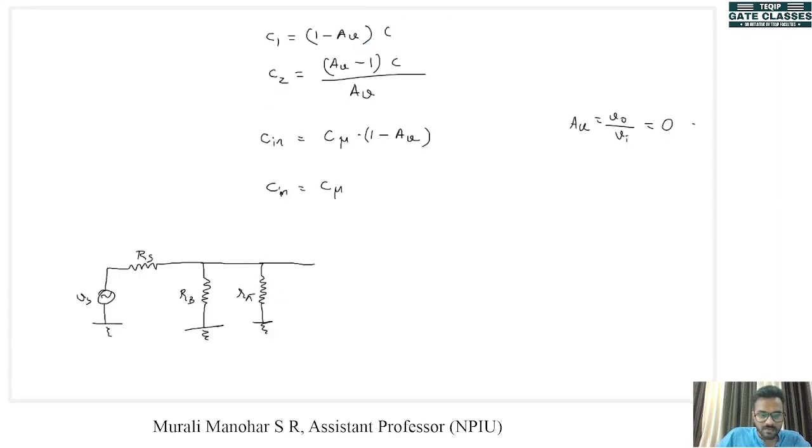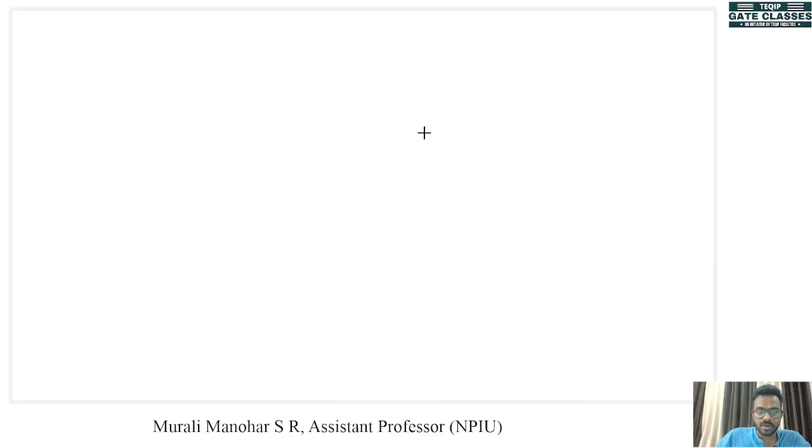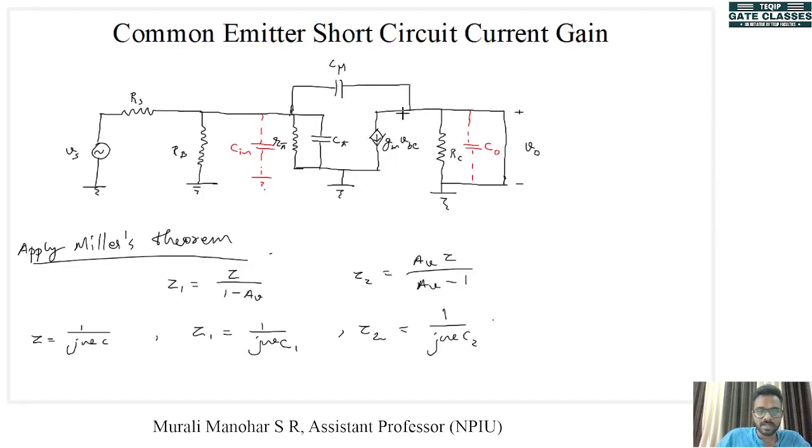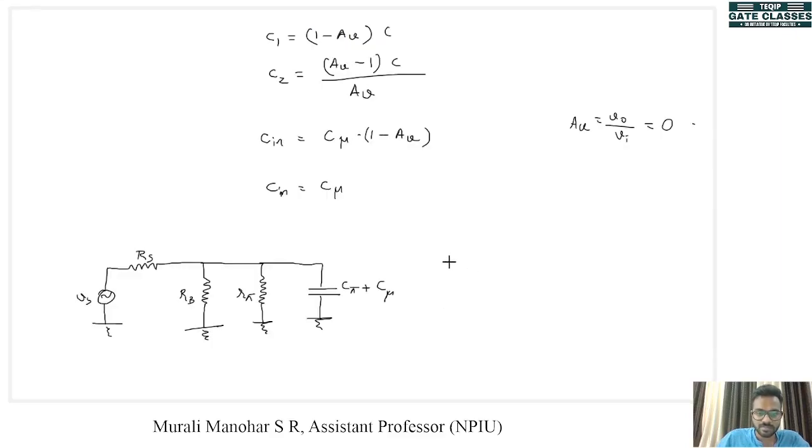So here we have C pi plus C mu, and on this side there is only GM VBE and this short circuit. This is the output side.